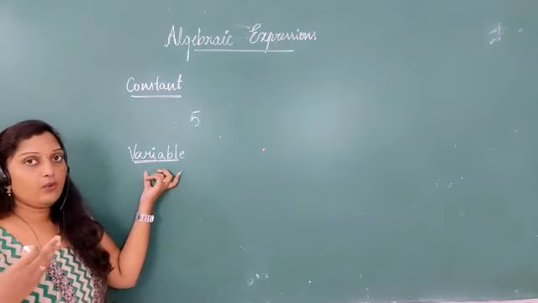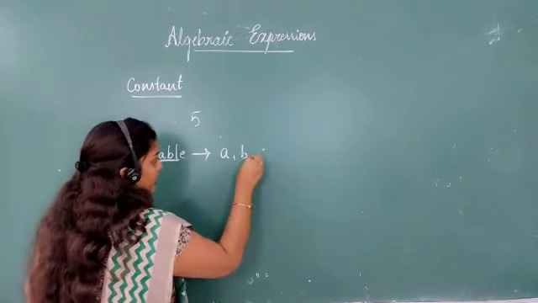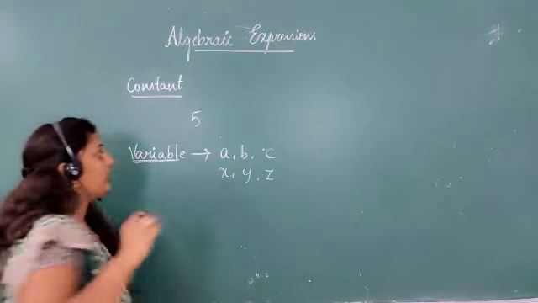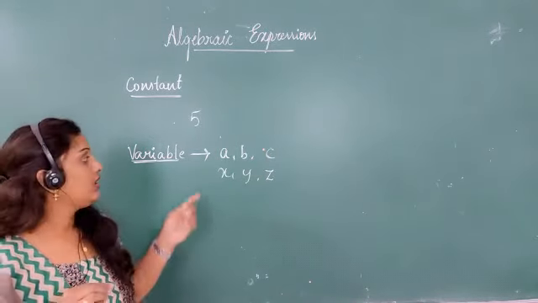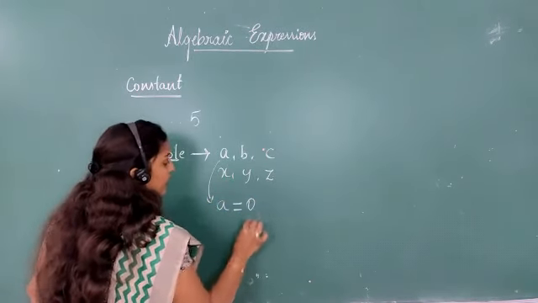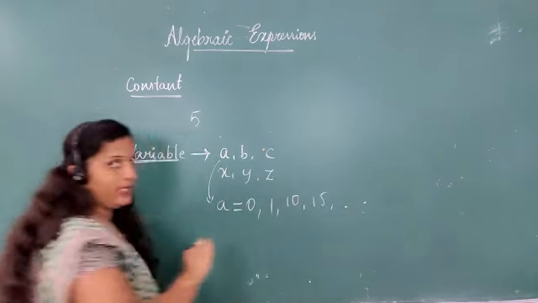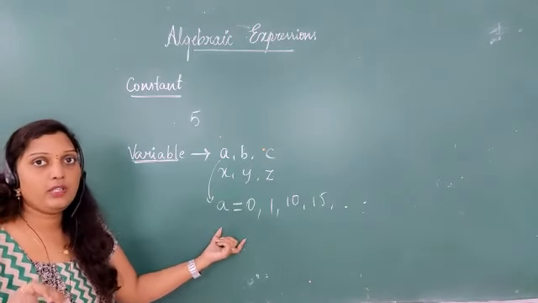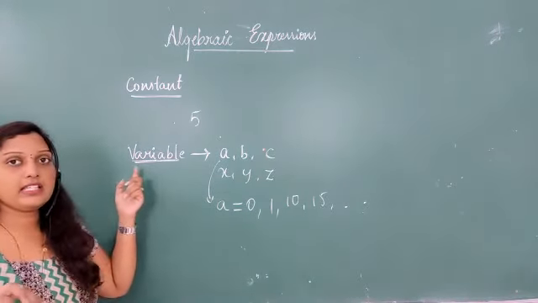That is called a variable. A variable is usually denoted by alphabets like A, B, C or X, Y, Z, usually for unknown values. Suppose we say A. A can take any value: 0, 1, 10, 15 or any other value. That's why A is called a variable, because according to the need the value of A will be changing.